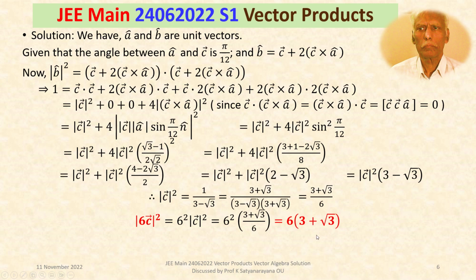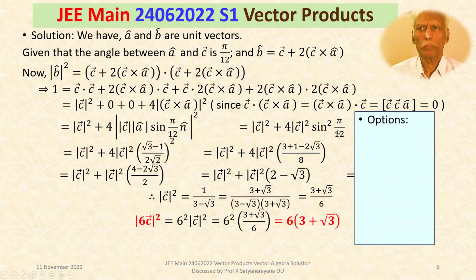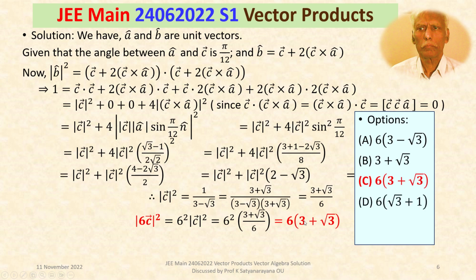So that's your answer. Let's look at our options, and our answer 6 times 3 plus root 3 appears against option C. Therefore, our answer is option C.